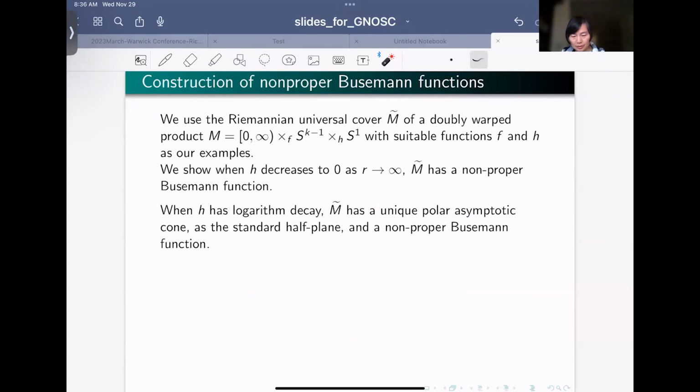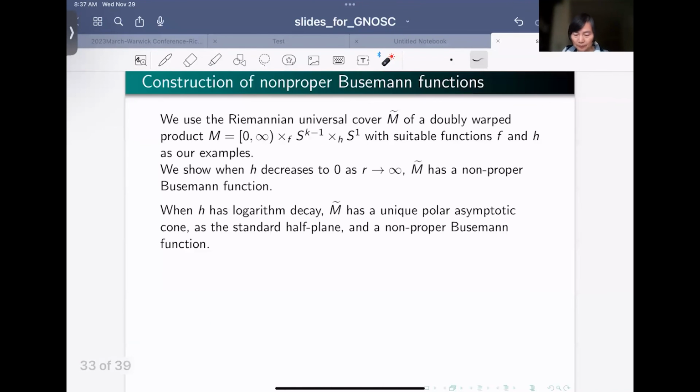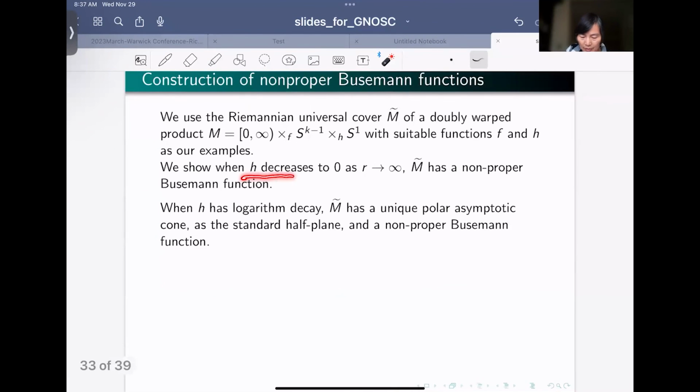Okay, so now let me just indicate how we construct the example where the Busemann function is not proper. Actually, basically, we just take this construction. Now we take the universal cover of this. So the universal cover will be just a Euclidean space, right? S1 will be just R, okay? Take the universal cover, and we can show that as long as H goes to 0, the Busemann function of the universal cover is always not proper.